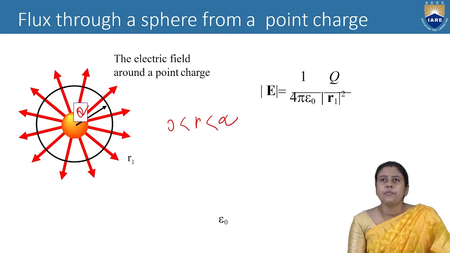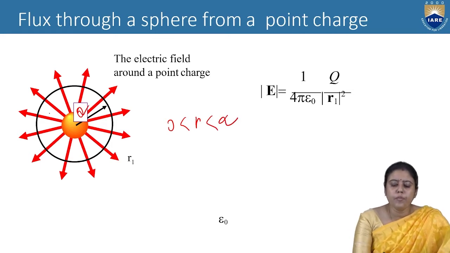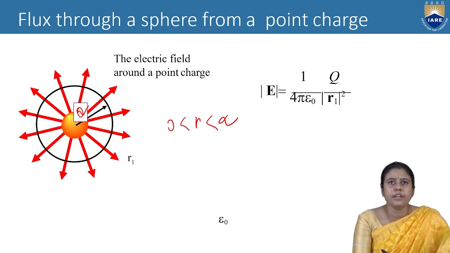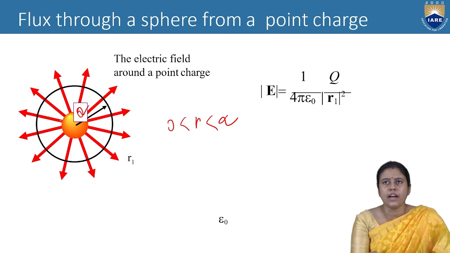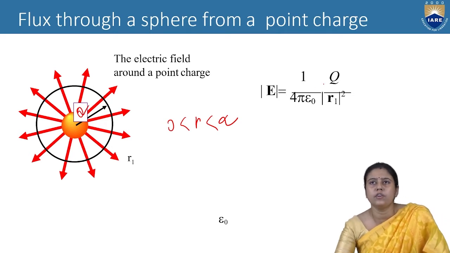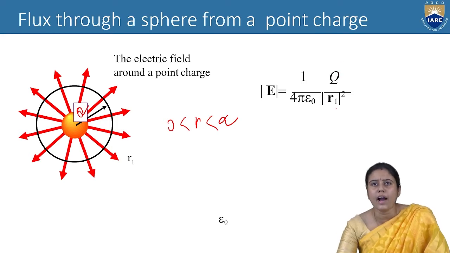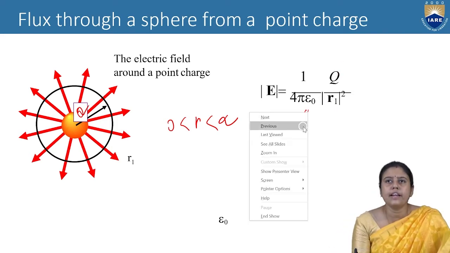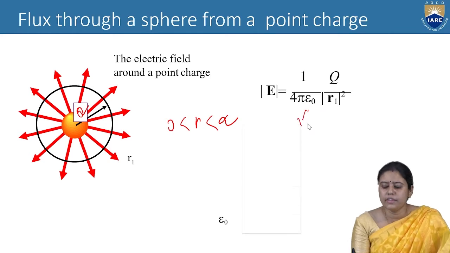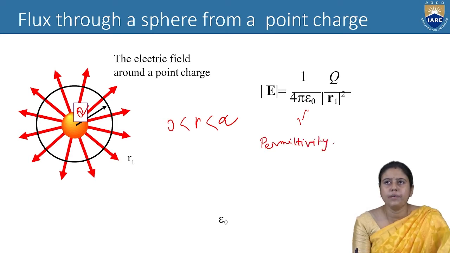So if we assume a sphere with respect to a point charge, we can write field intensity equals 1 by 4 pi epsilon 0 q by r1 squared. What is epsilon 0? Epsilon 0 is nothing but the permittivity of free space.